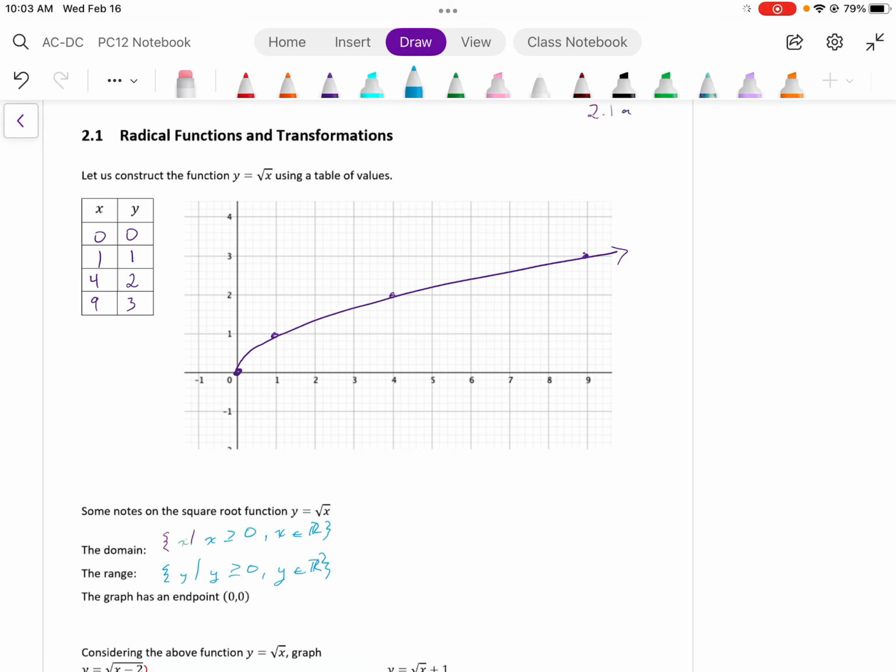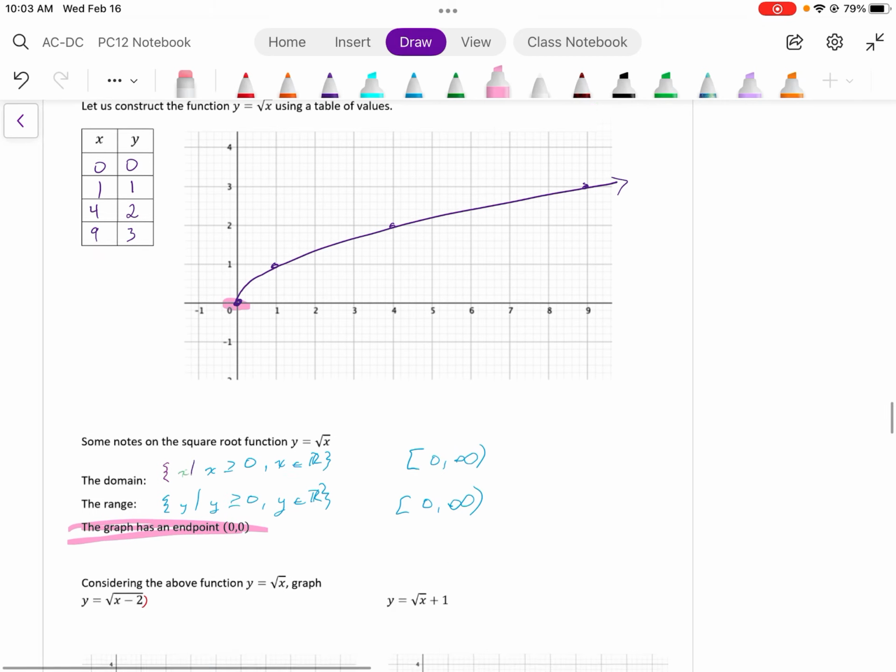Put into interval notation, the domain goes from 0 to infinity, and the range goes from 0 to infinity. So that's kind of an important thing to note. Also, what's really important is the graph has an endpoint at (0, 0). So right here, there's an endpoint to it. All right, fair enough. So this is the graph that I'll be using today. I love it.